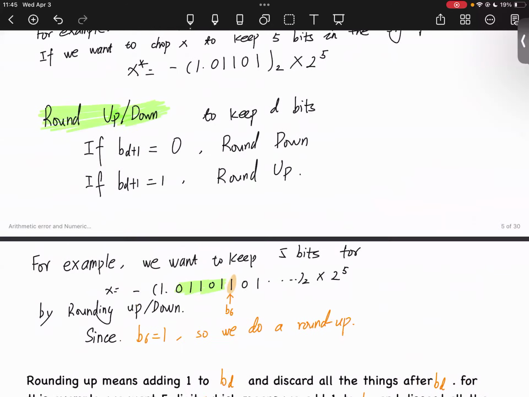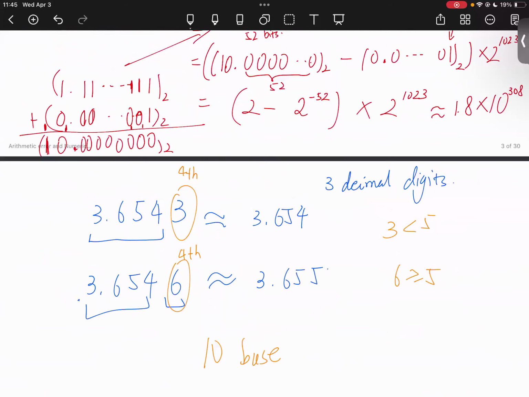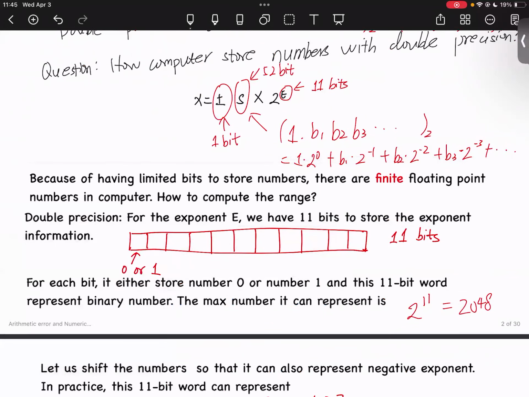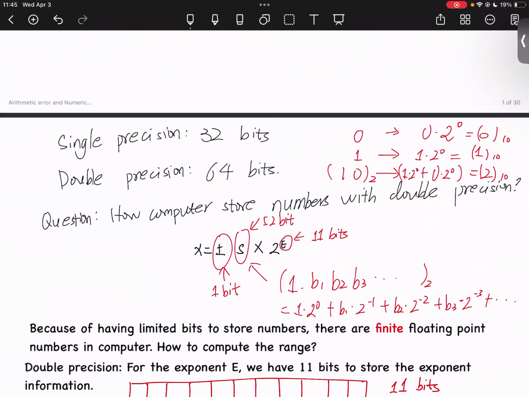So I would like you to go back, do some searching on the internet to see how many bits we use for the sign in single precision, how many bits we use for the significand, and how many bits we use for the exponent.